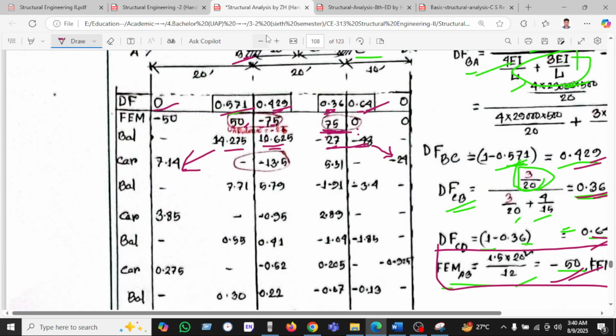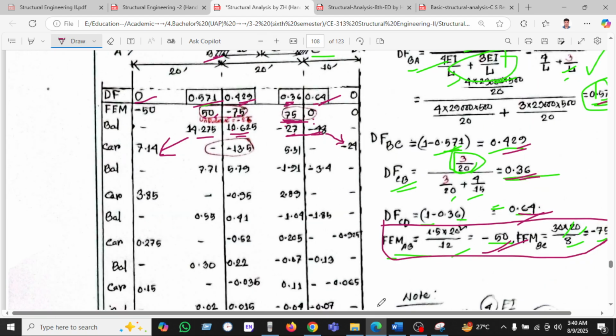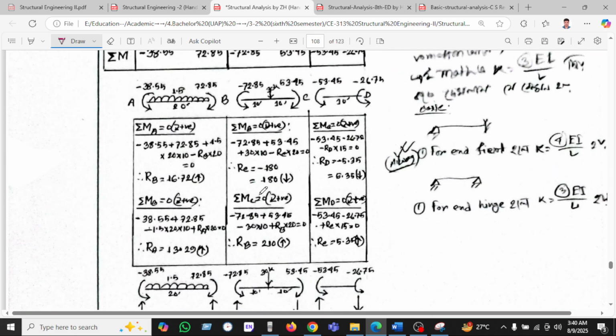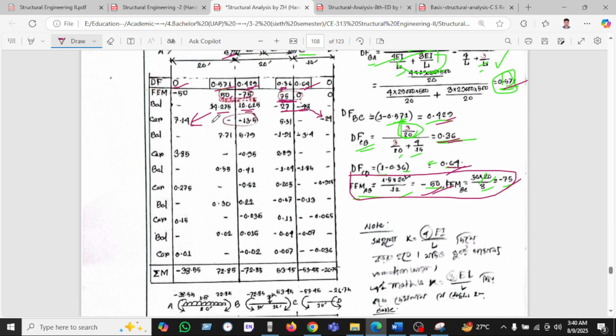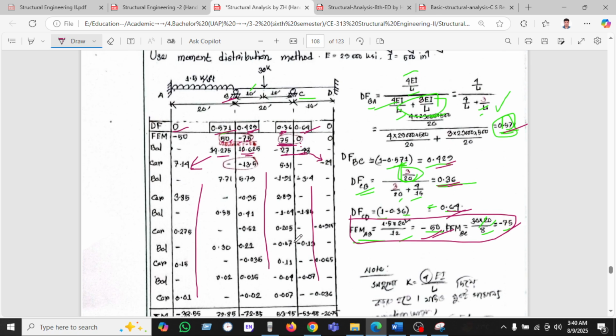In this way we can calculate all these things, and after getting all these values we find the summation of moments. After getting all these values, we can find this value and this value.